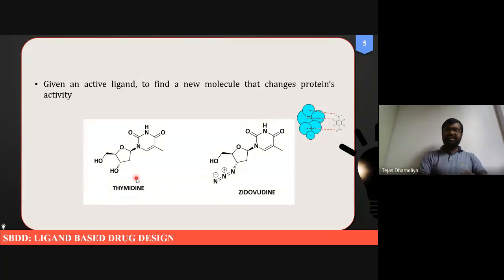For COVID-19, if we want to apply this approach, we can take the structure of remdesivir and design potent derivatives of remdesivir. We can take the structure of chloroquine, hydroxychloroquine, and design more potent compounds for COVID-19, which will be more potent than chloroquine or hydroxychloroquine.